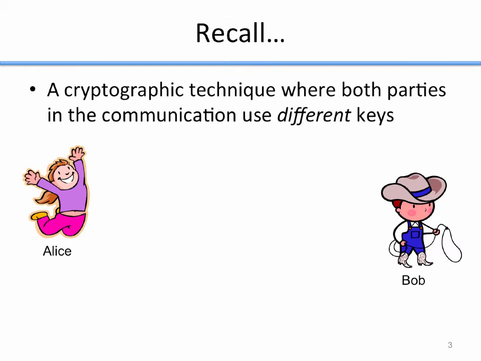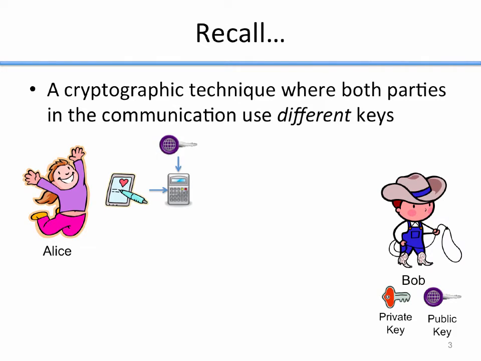So you may recall from the Intro to Modern Cryptography lecture that public key crypto is a cryptographic technique where both parties in the communication use different keys. So for example, in this case, Bob has a private and a public key that he's generated on his own, and his public key is public, it's known to the whole world, and his private key is private, it's known only to him. And if Alice wants to send Bob a message, she takes her secret message she wants to send him, and she encrypts it with his public key.